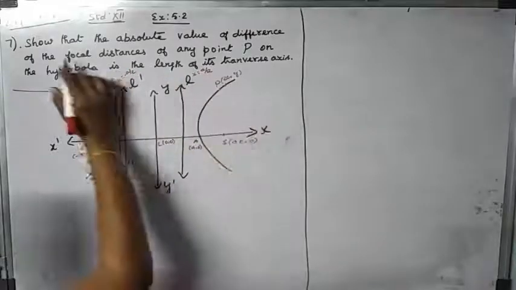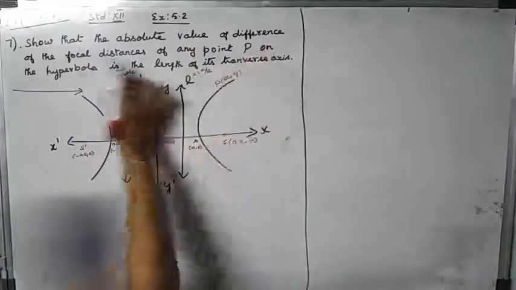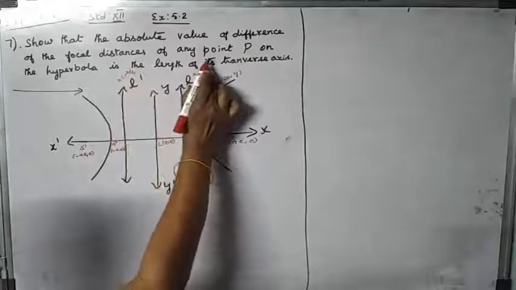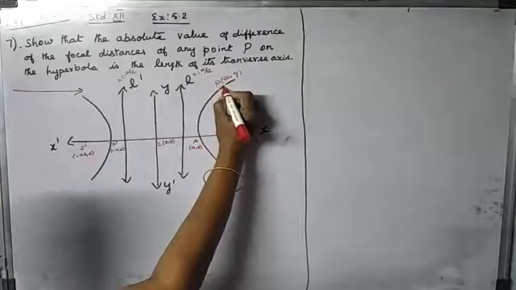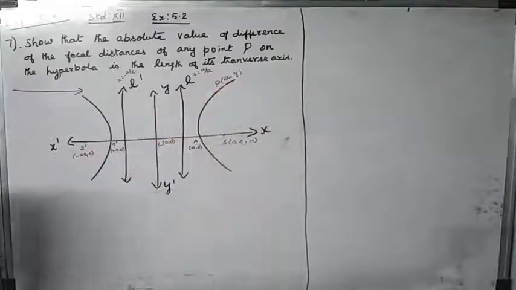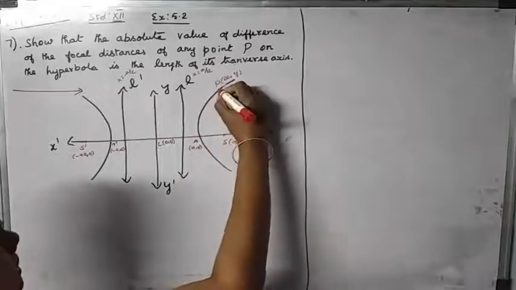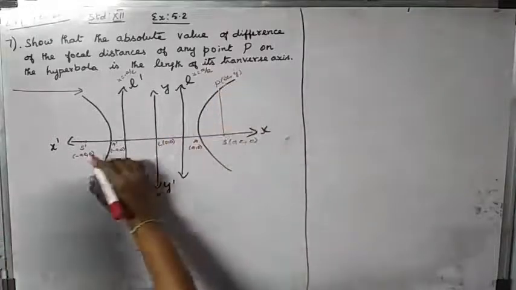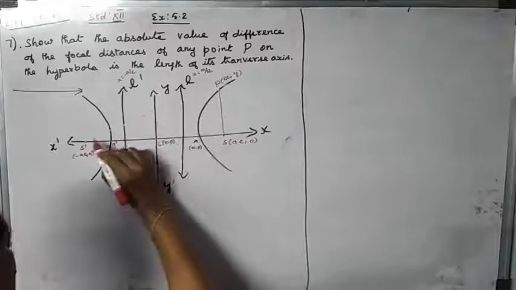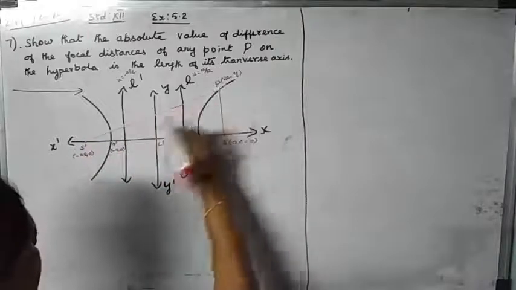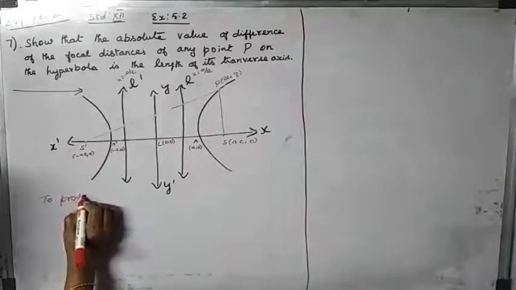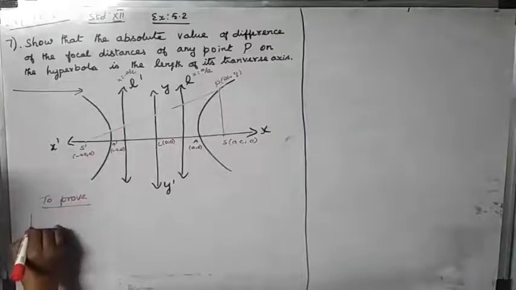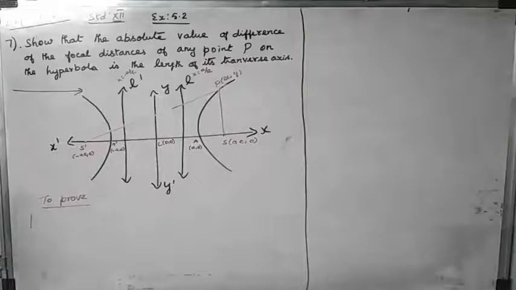We want to prove that the absolute value of the difference of the focal distances of any point P. Now I have taken a point P on the hyperbola, P of x comma y, and I want to prove SP, the distance, and S dash P. To prove the absolute value, therefore take modulus.